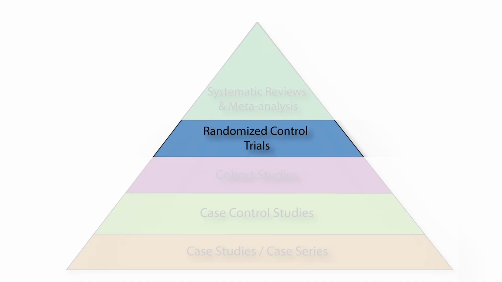And that leads me to the next level of evidence, the first experimental form of evidence in medicine, known as the randomized control trial. This type of experimental evidence may or may not have randomization, may or may not have blinded controls, but it's important to understand that the gold standard, the best form of experimental study in medicine, is what's known as the double-blind randomized controlled trial.